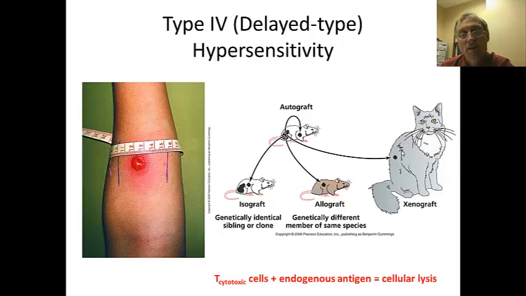Consequently, to prevent rejection of these donated tissues, the recipient would need to be placed on immunosuppressive drugs for the duration of their life to ensure that they do not produce T cytotoxic cells recognizing the antigens on the donated tissue, and also to ensure that they don't reject this tissue.